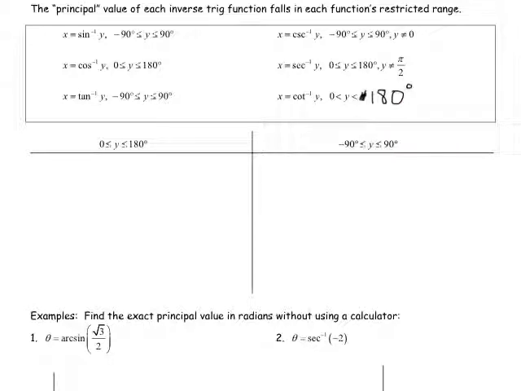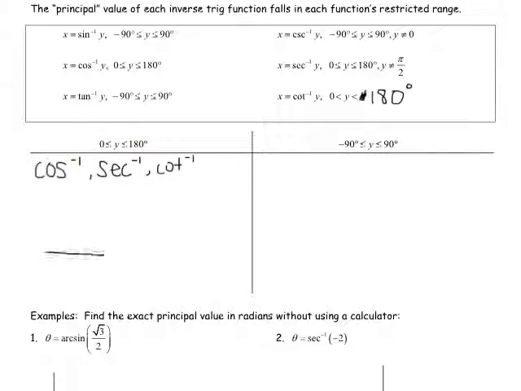So I said it was cosine inverse, secant inverse, and cotangent inverse. So anytime you see an inverse function of cosine, secant, or cotangent, you're going to know that the range is going to be restricted from 0 to 180.